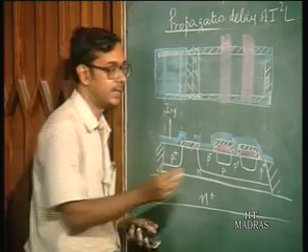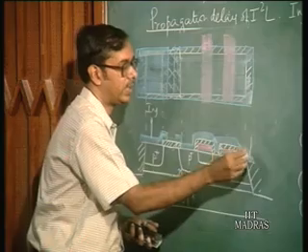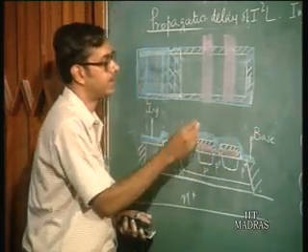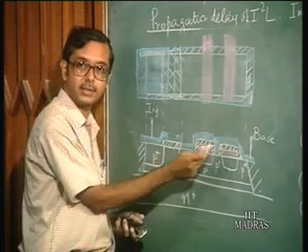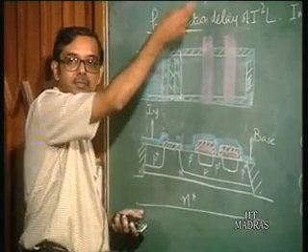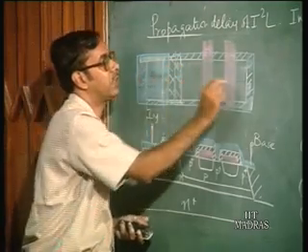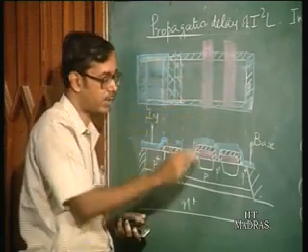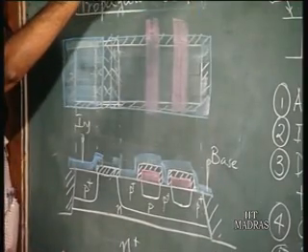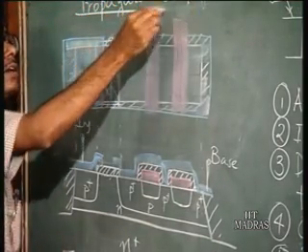The base contact you can take from somewhere here maybe, and the individual collector contacts are actually taken from somewhere here, and it goes there. Along this you cannot show it because it is covered. So these are the collectors. It goes this way from the top view. You can take the contact from somewhere here.